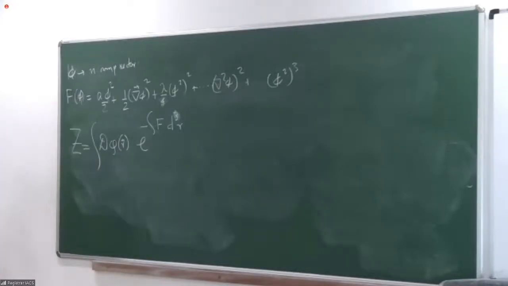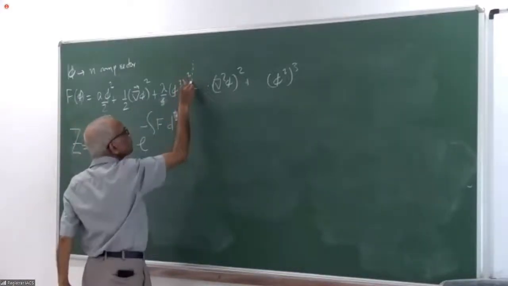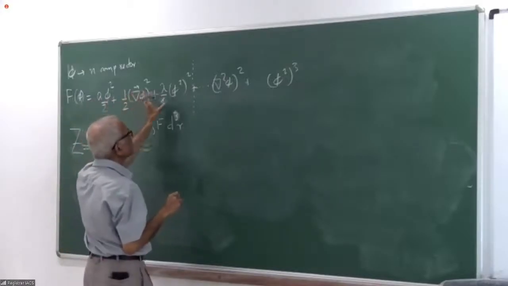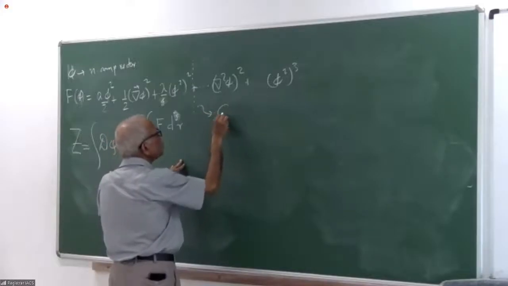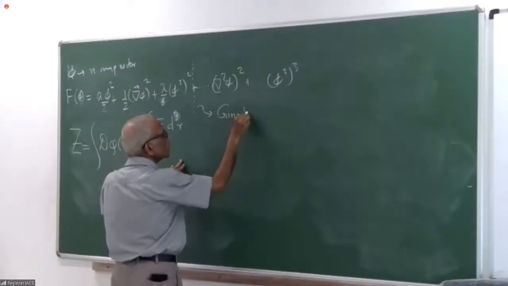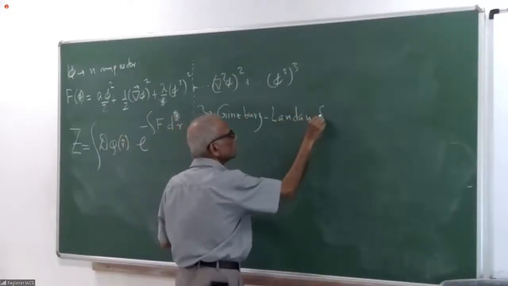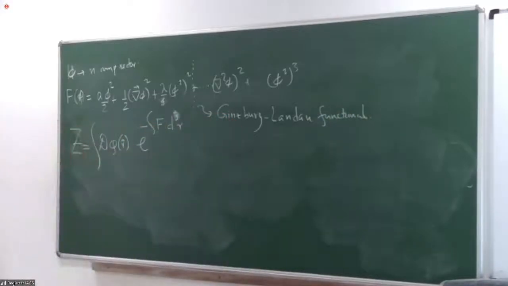But now that means that I have to carry out this integral. So if I stop at this point over here, phi square and grad phi square, then the functional is called a Ginzburg-Landau functional, and that is vital.